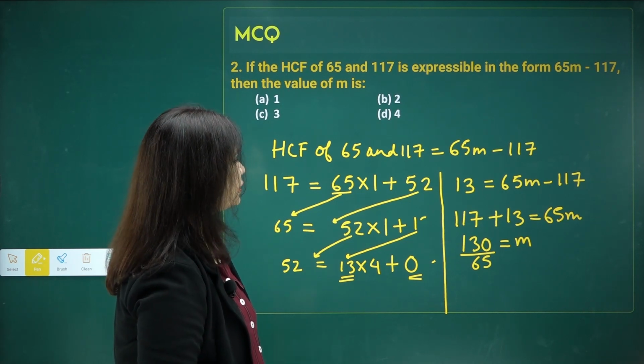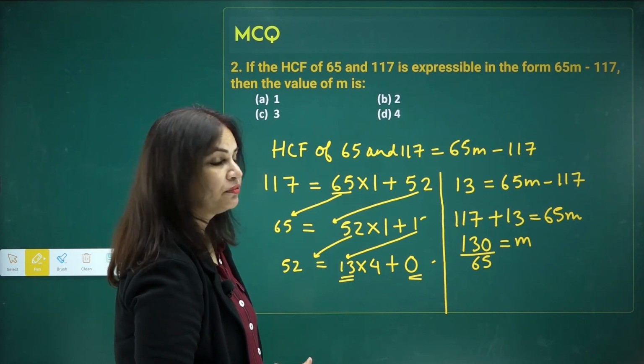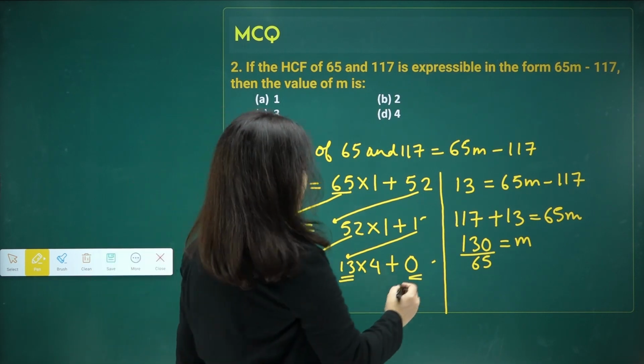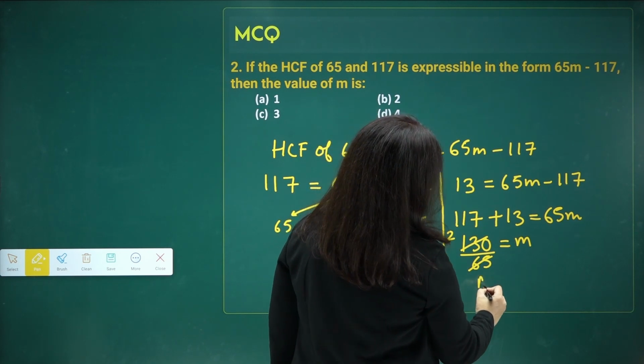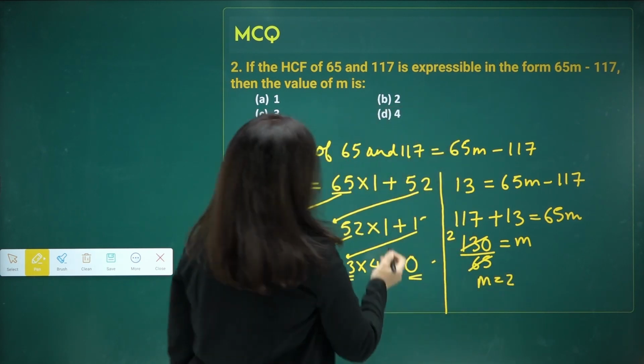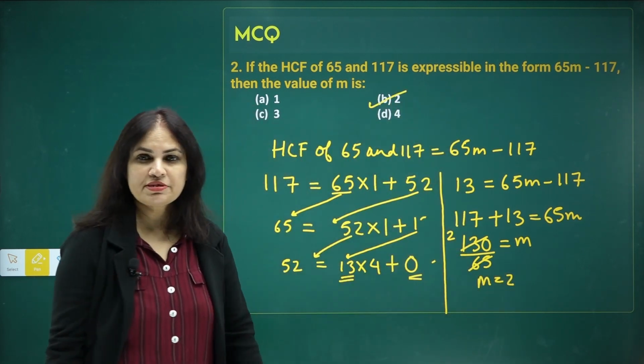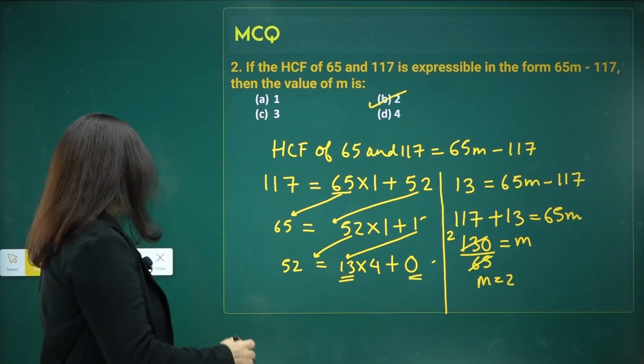What would be the possible value of m? m is equal to 2. So, the correct option is m is equal to 2.